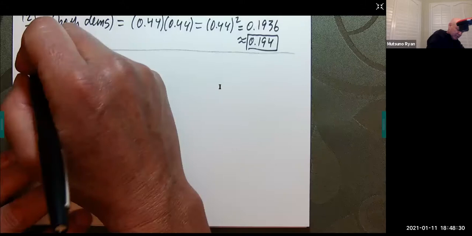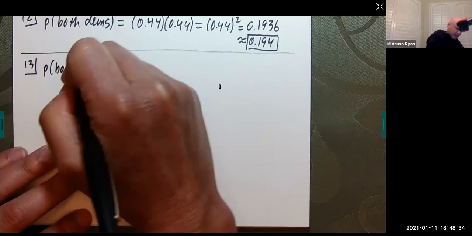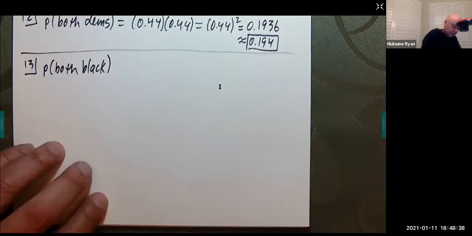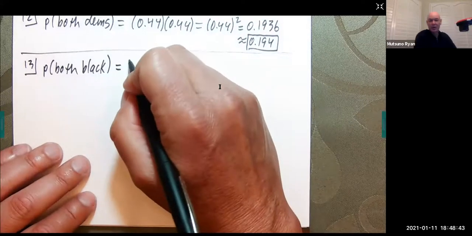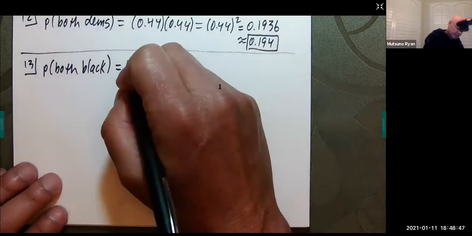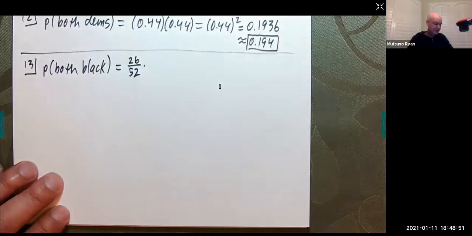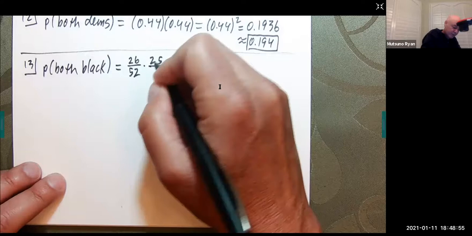So 13, probability, both black. Well, for the first drawing, half of them are black. So 26 out of the 52 are black. For the second dealing, there are now only 25 left out of the 51.